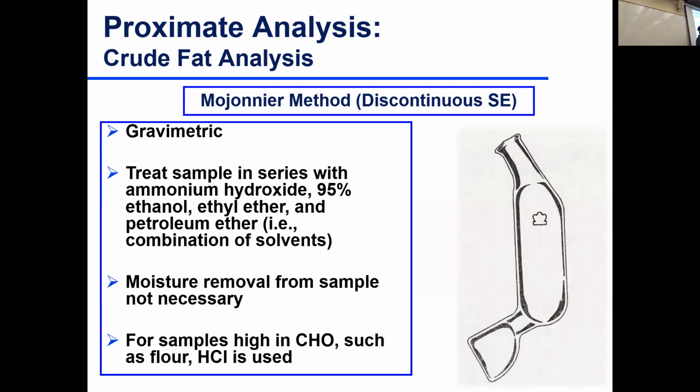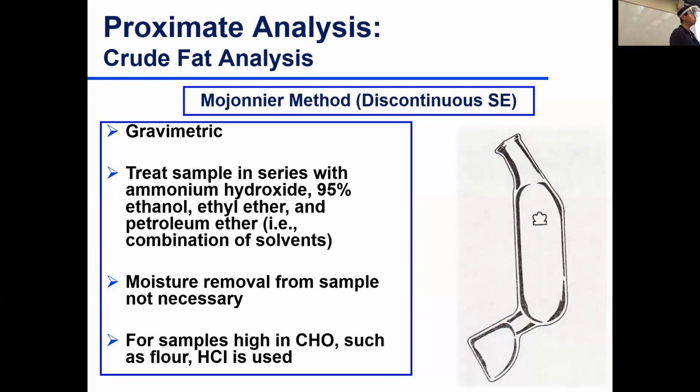So for samples that are high in carbohydrates, when you get your data, you're going to see that data is more accurate when using Mojo than when using Soxhlet. Because Soxhlet is not really intended for low-fat samples and samples high in carbohydrate. It doesn't have that digestion step prior, so you don't get that release of the fat very well.